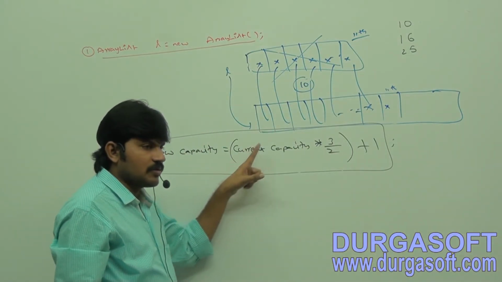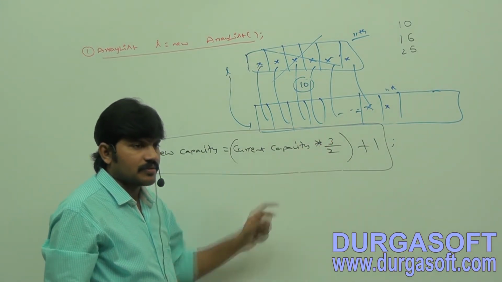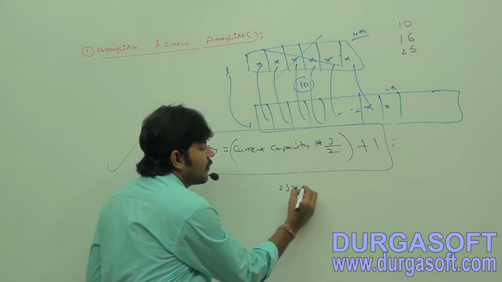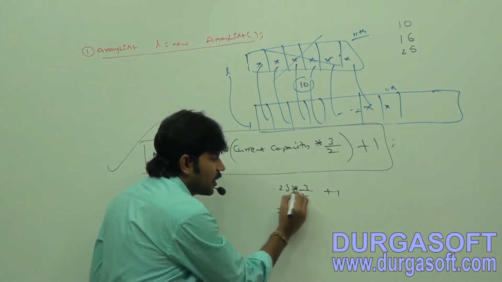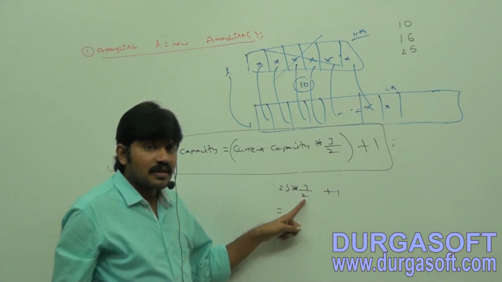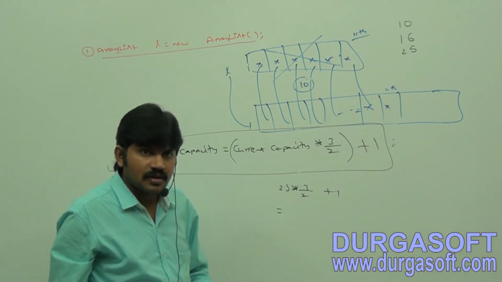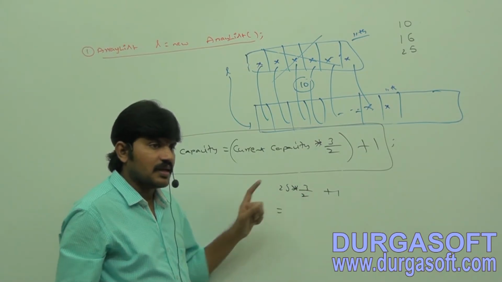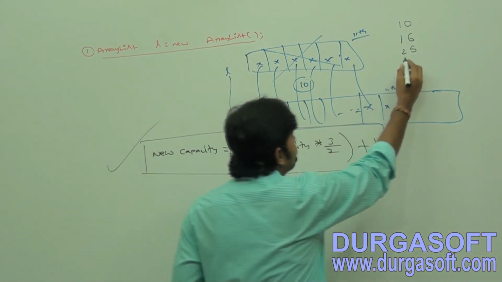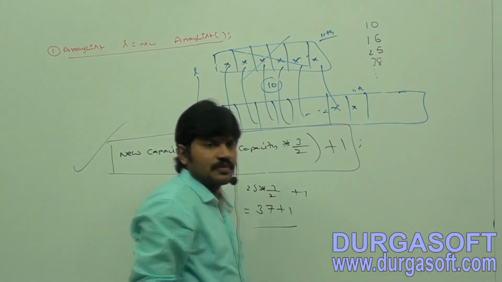The current capacity is 25, so 25 * 3/2 + 1. 25 * 3 is 75, 75 / 2 is 37 point something, but with integral division it is 37. 37 plus 1 is 38. Are you able to understand?